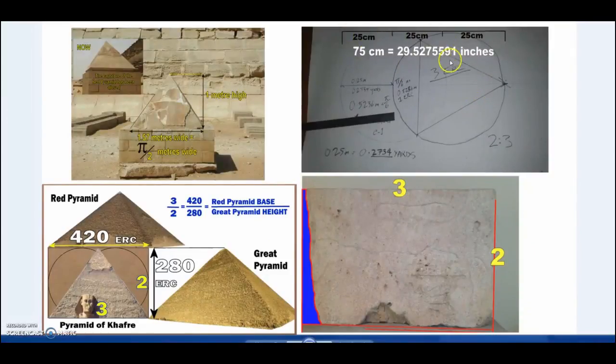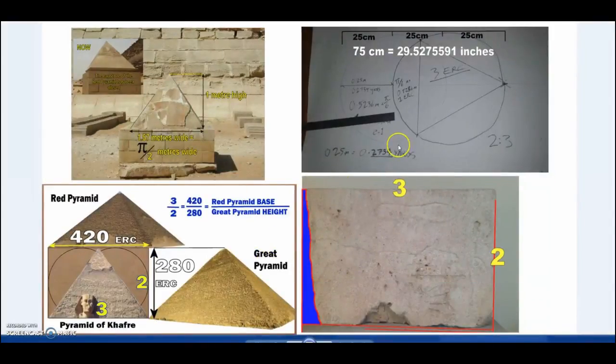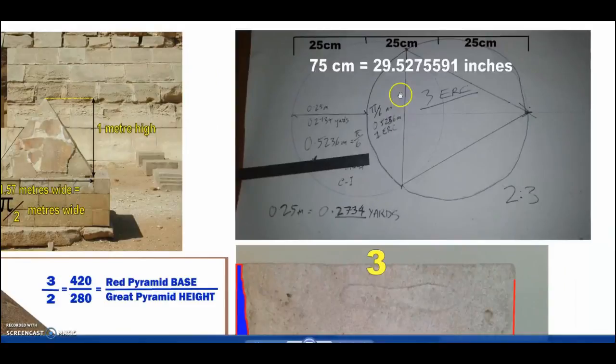It gives us how the Vesica and the hexagon gives us lovely connections to the royal cubit itself, and 273. Now I want to get more into that, and also, well, 75 centimeters is 29.53 if we round it off there. But again, I want to go into more in that in regards to pendulums.